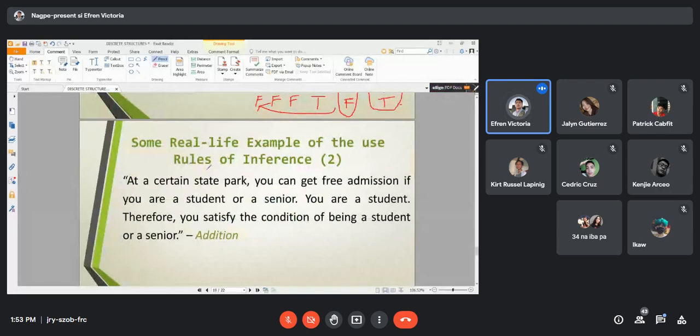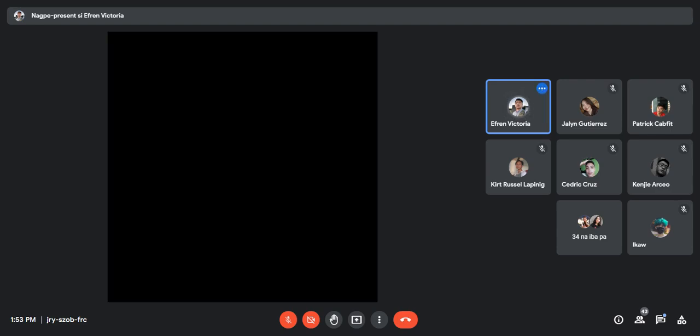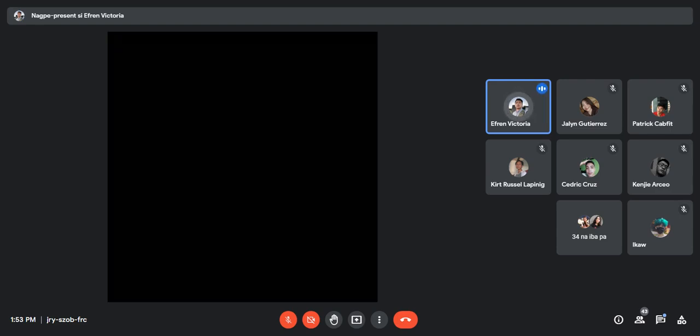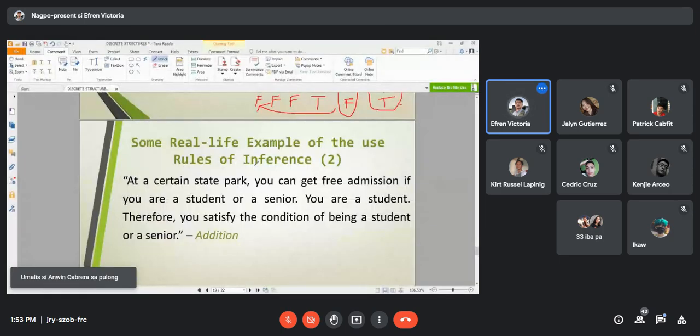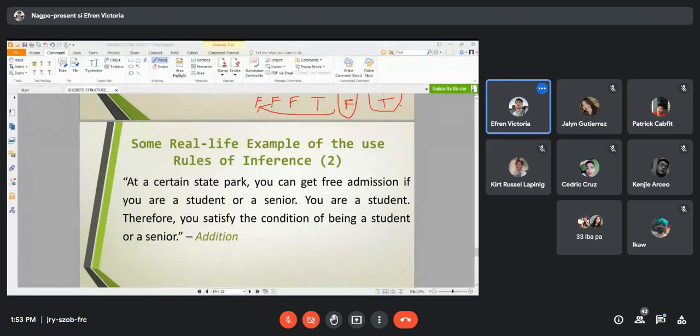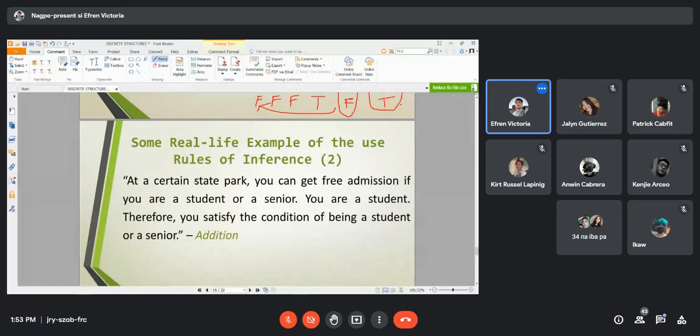Okay, so at a certain part, so example ng addition. So sa addition, so at a certain part, you can get free admission if you are a senior or a student.